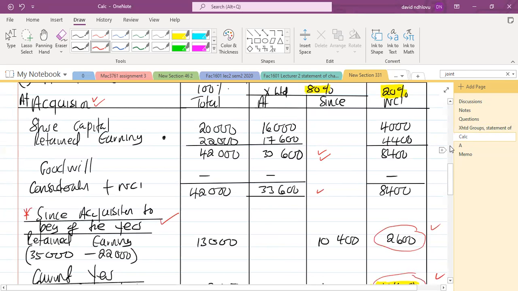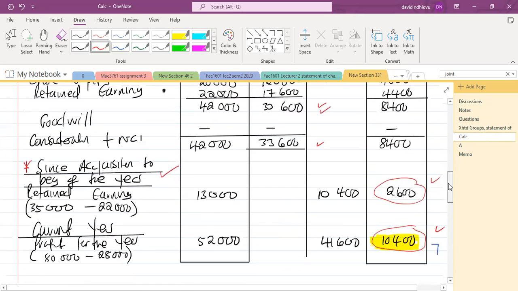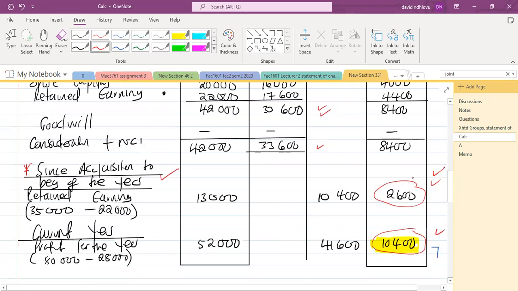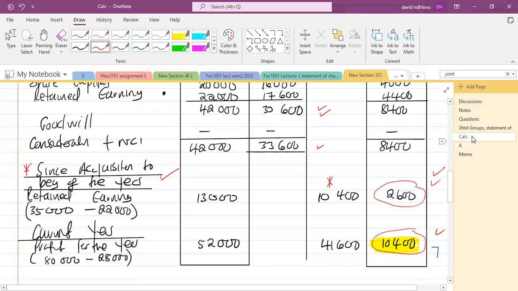Right, let's go back to the workings. What did I eliminate here? We actually eliminated 22,000, not 33,000, which is fine in terms of retained earnings. But we did not eliminate this value. We also eliminated that, but this we did not eliminate. It is still there. So when I want equity at the beginning of the current year, I'm going to say, what is the equity in the parent?